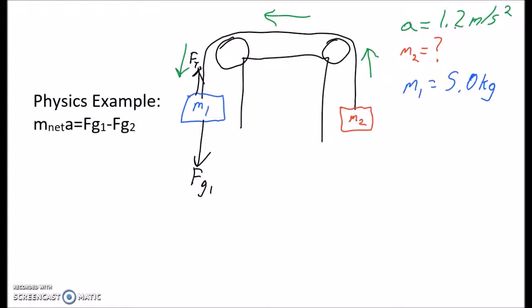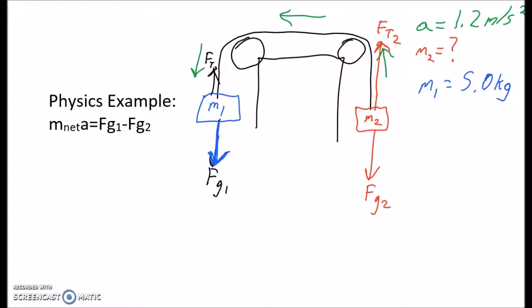And mass 2 here has an Fg2 smaller than its Ft2. Okay, does that make sense? So if its Ft2 is bigger, it's going up, and if this Fg1 is bigger in blue here, then it's going down.